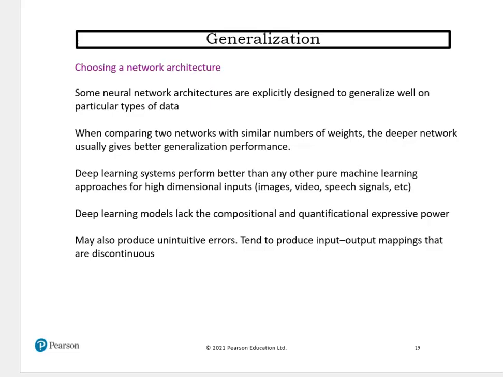But this would require that you do a lot of feature engineering before feeding your input to your machine learning model. The good thing about deep neural networks is that you don't have to worry about feature engineering because the layers themselves essentially engineer that for you.